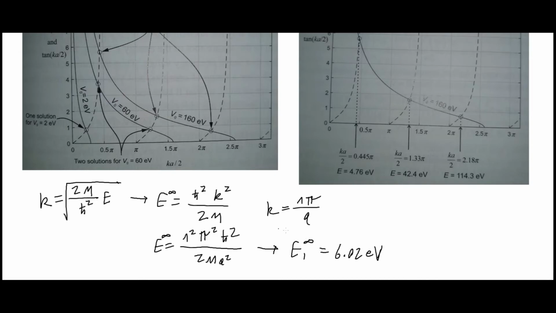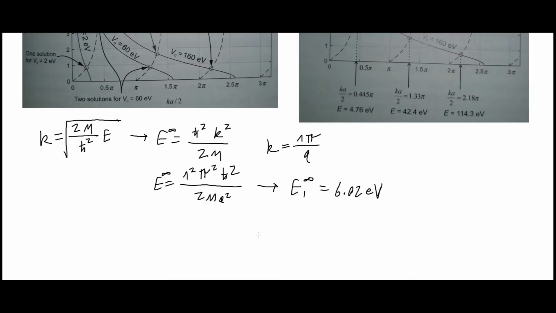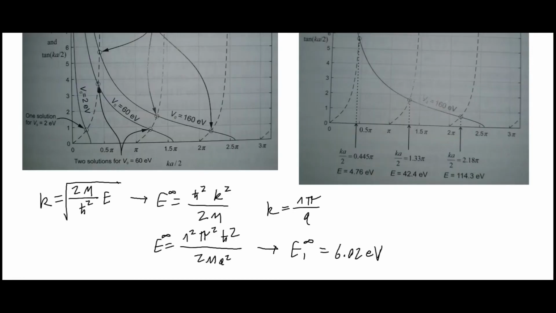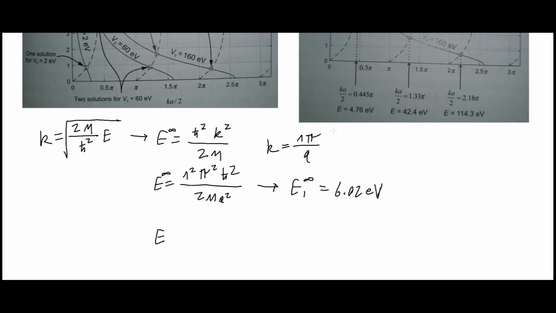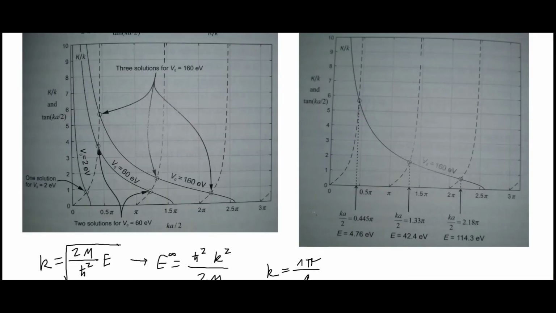And so if we then do the energy for the 160 electron volt potential, so instead of infinity, we will say that this is the 160 electron volt at 1. Then we have to look at the graph here.